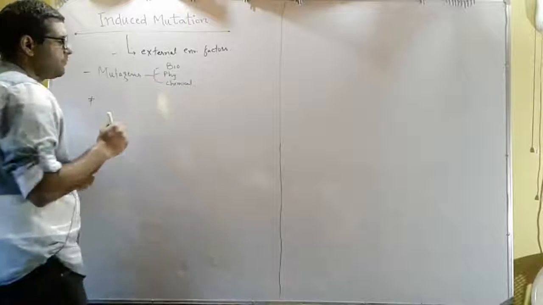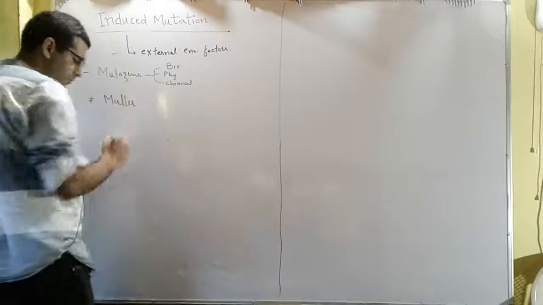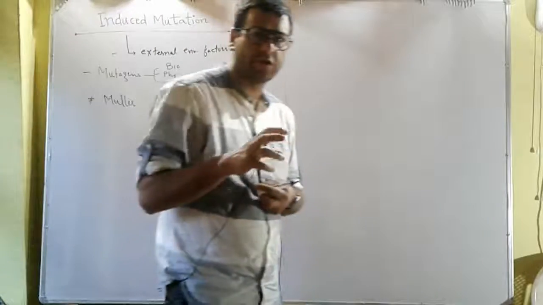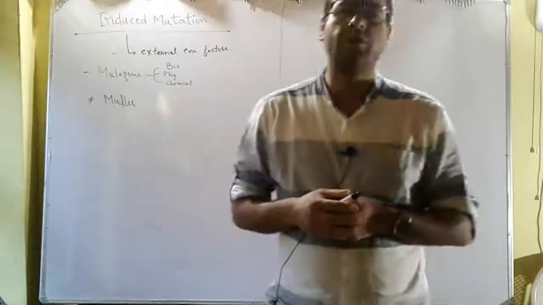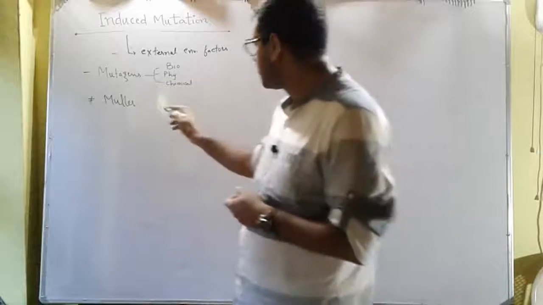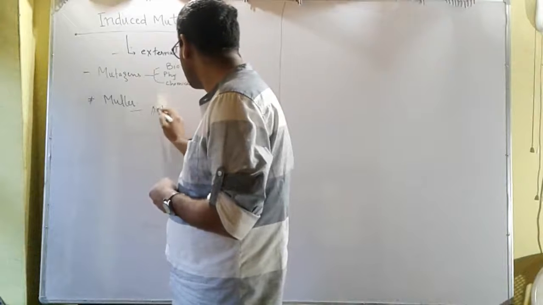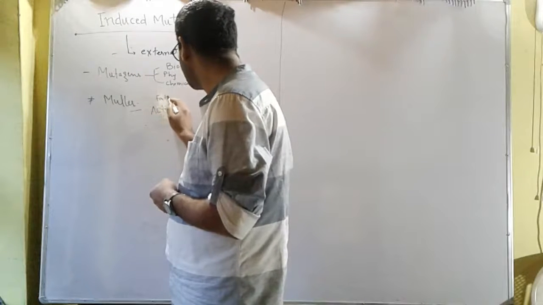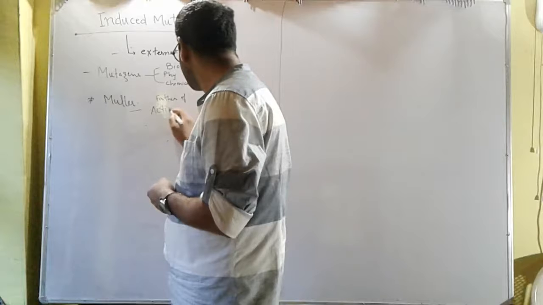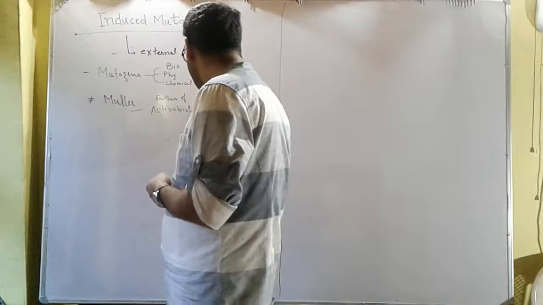For the first time, it was Müller. For the first time, Müller used X-rays to induce mutations in Drosophila melanogaster. And this Müller is known as the father of actinobiology. What is actinobiology?